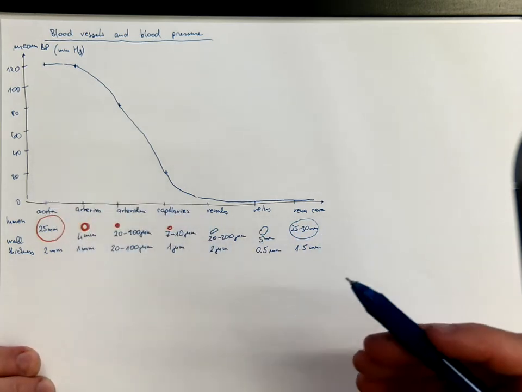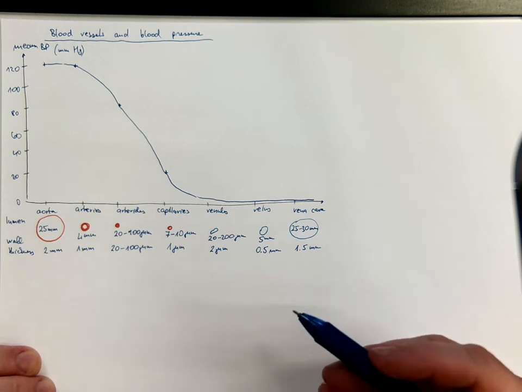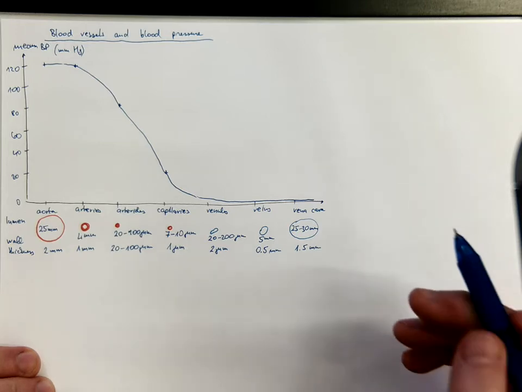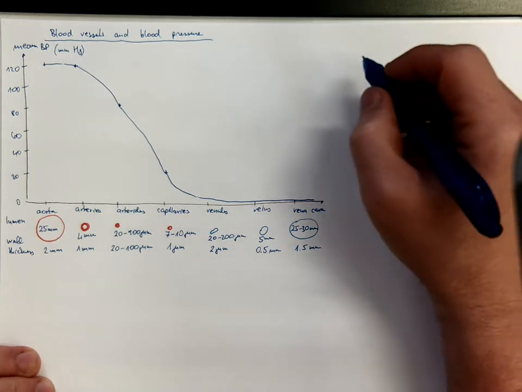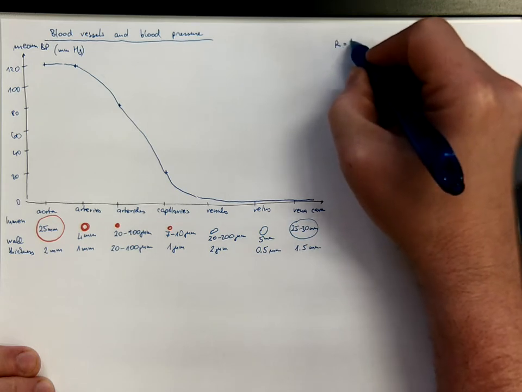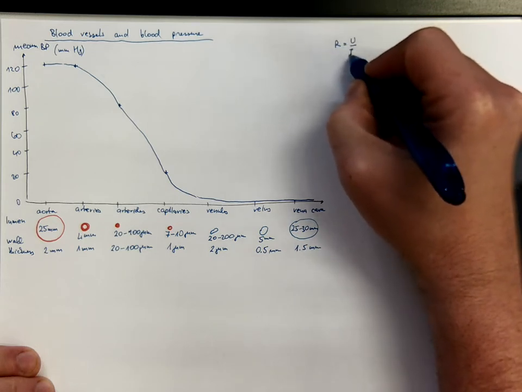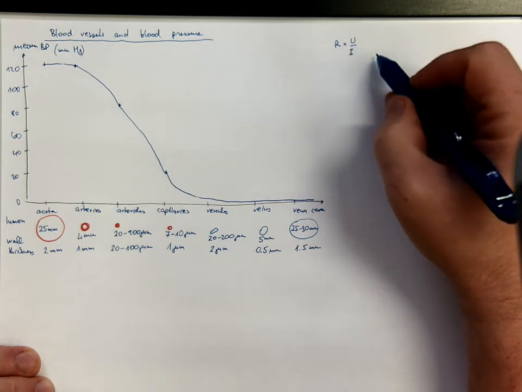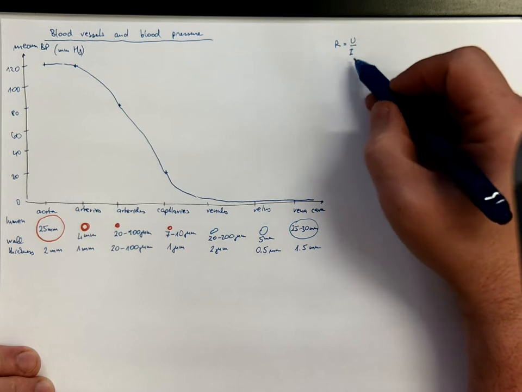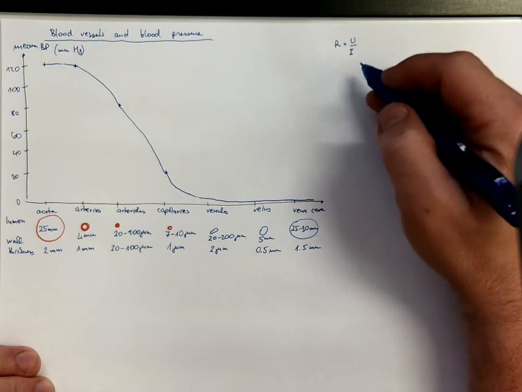If we want to estimate the quality of perfusion of the peripheral tissues, let us discuss something similar. That would be the Ohm's law, where the resistance equals the voltage divided by the electric current.